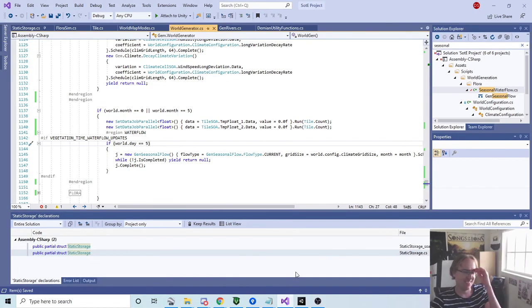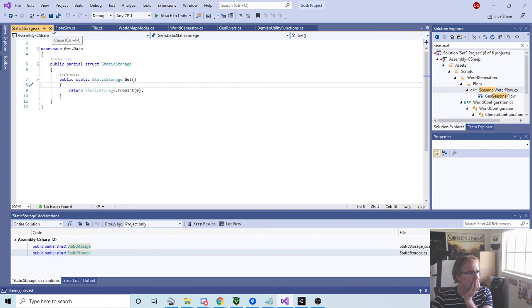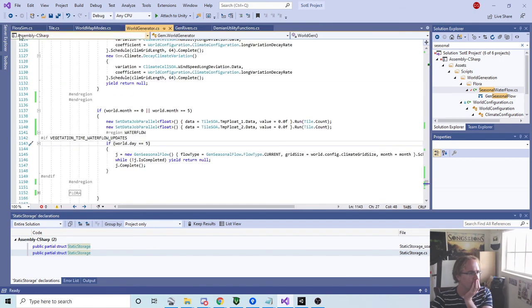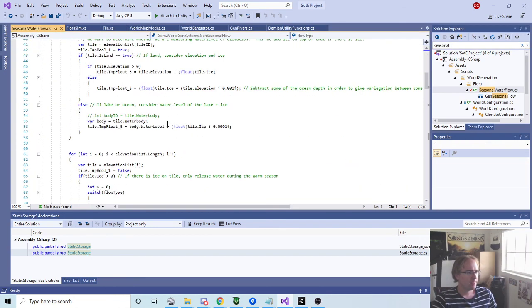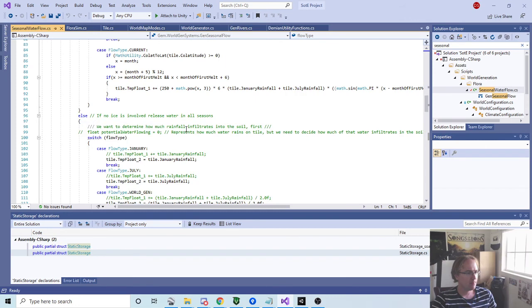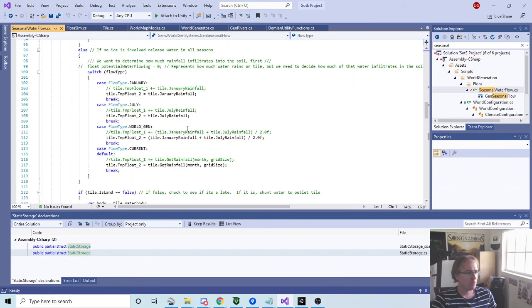This damn mage is at it again. Where did my seasonal water file go? Here we go. Okay. Nobody wrong this time. If no ice is involved, release water at all seasons.